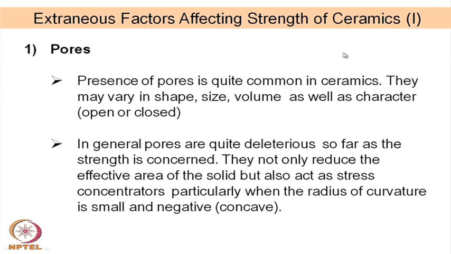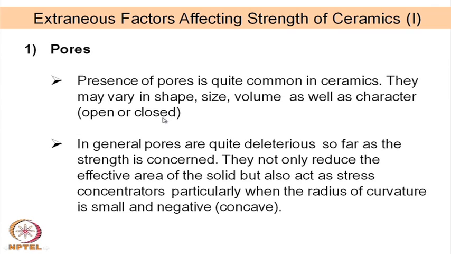The presence of pores is quite common in ceramics. They may vary in shape, size, volume as well as character. Some may be more spherical or circular, maybe angular, and there may be different shapes and sizes of pores available, and also they can be open pores or closed pores.